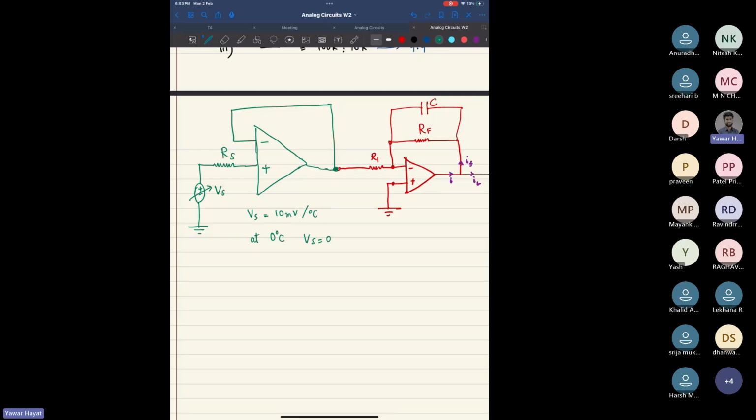Now the question is, you need to find the value of the RS. What would be the value of the RS for which the gain of the circuit is maximized? I mean, firstly, if you have a look at this, this is a cascaded connection, right?